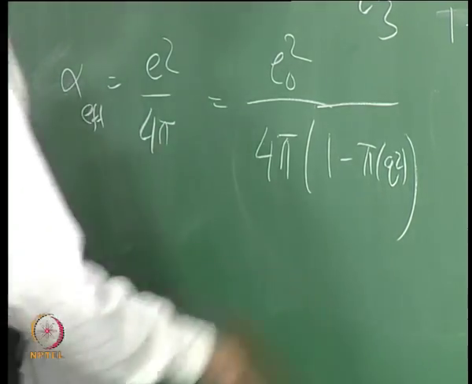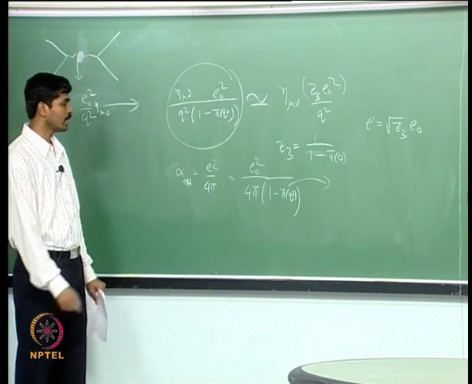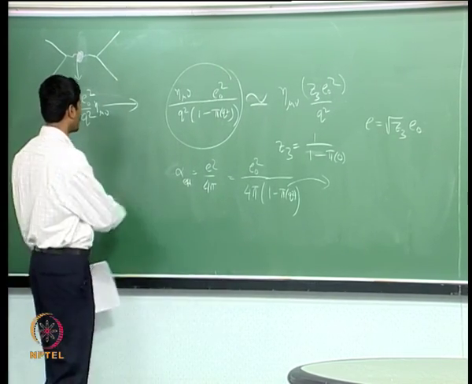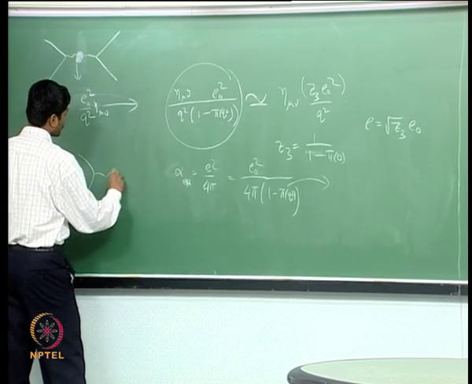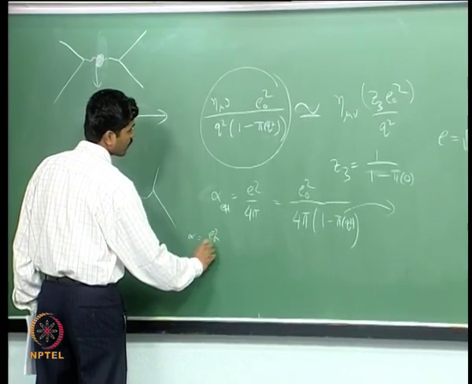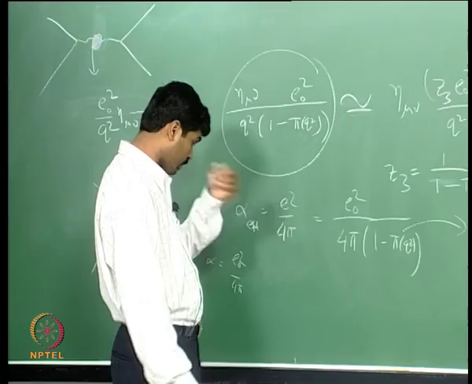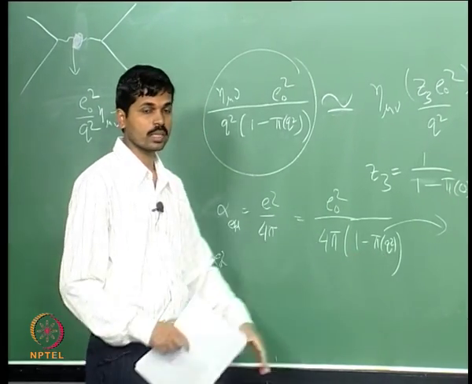This pi of q squared contains the information about all the quantum corrections. At tree level, at 0th order, if you consider merely a process like this, then alpha is simply e0 squared divided by 4 pi. However, the quantum corrections modify this, and then this is what you get.